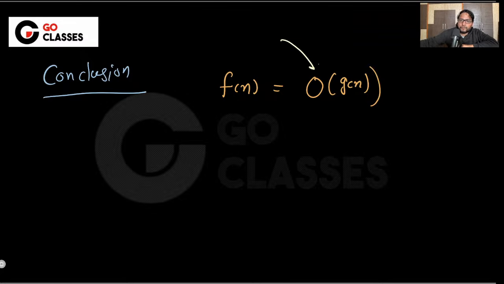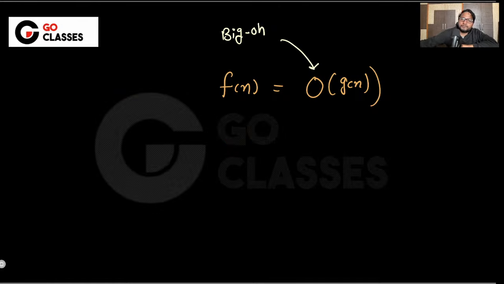See here, if I just say Fn is equal to order of Gn, here this order is big O. Now, what does this mean?